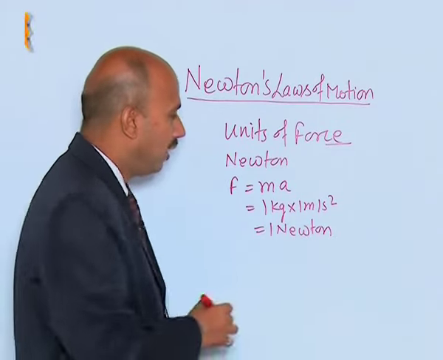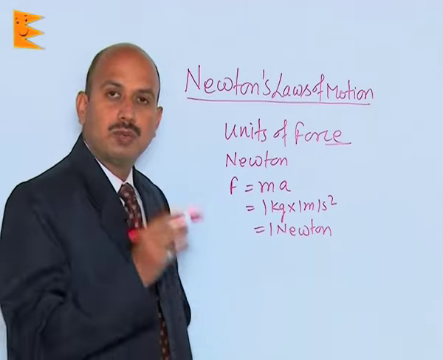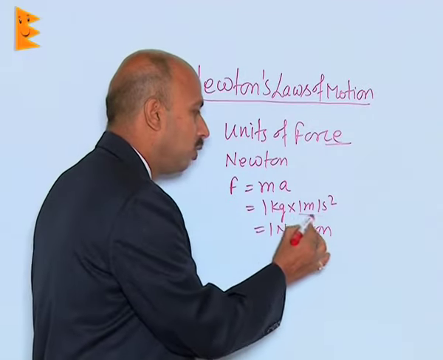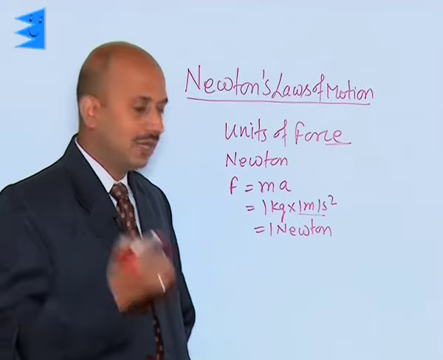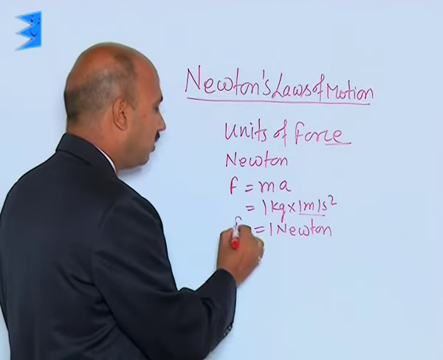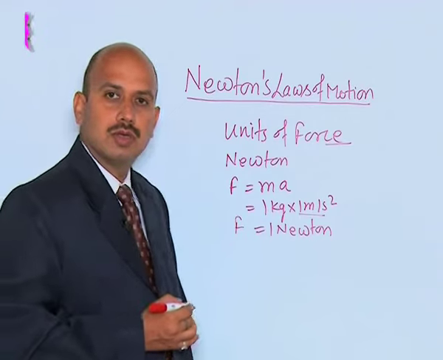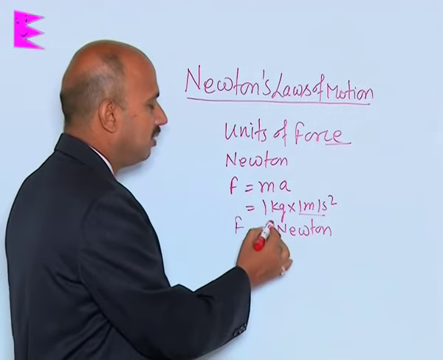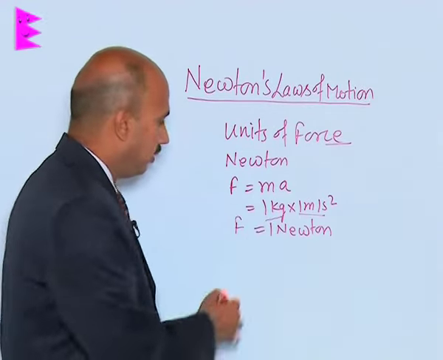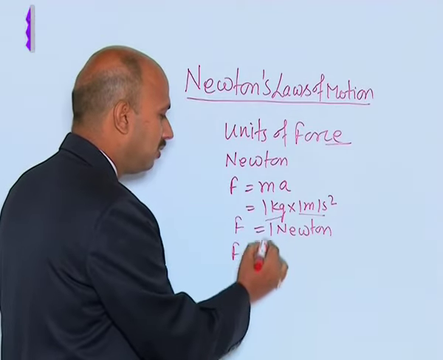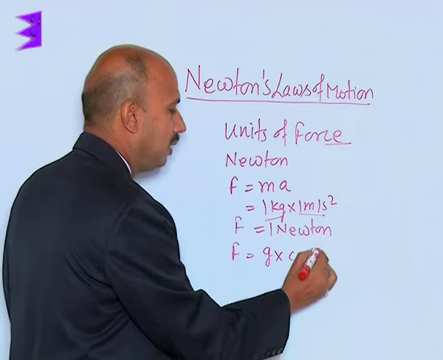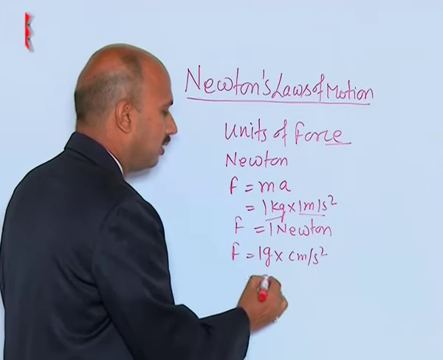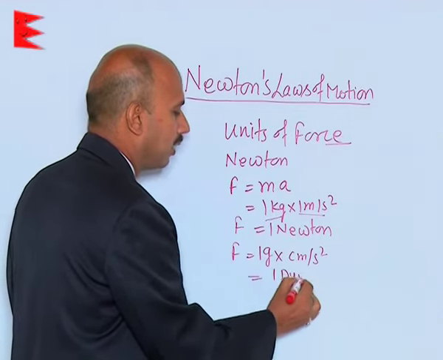So actually 1 Newton is that force which can produce acceleration of 1 meter per second square in a body of mass 1 kg. So this is F is equal to 1 Newton. If you are measuring everything in the CGS system, suppose mass is in grams and acceleration is in centimeter per second square, this can be written as 1 dyne.